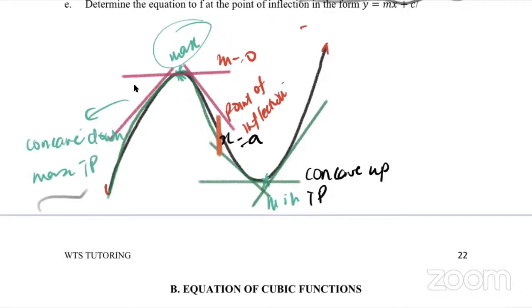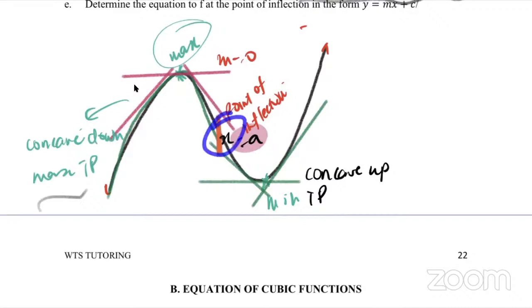So our concave down would be from the point of inflection value a to the left. Can you see that? When I move from the point of inflection value a to the right, I'm no longer getting my concave down. I'm actually getting my concave up.